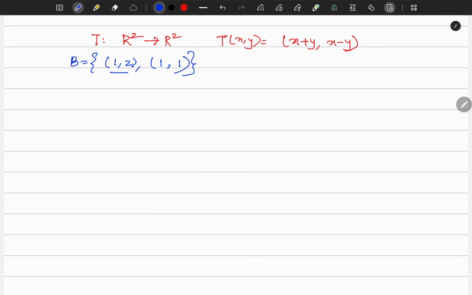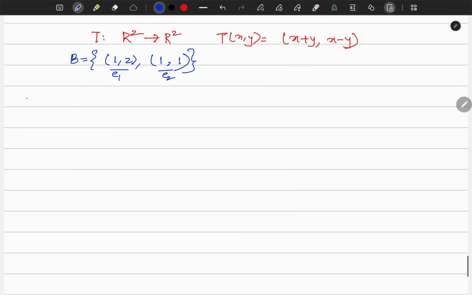So what will you do? We check again the image, let this be e1, this will be e2. So check the image of e1. So T of e1 is equal to T of 1 comma 2, that is equal to 1 plus 2, that is 3, 1 minus 2 is minus 1. Okay. T of e2, so that is T of 1 comma 1, so that is 1 plus 1 is 2, 1 minus 1 is 0.